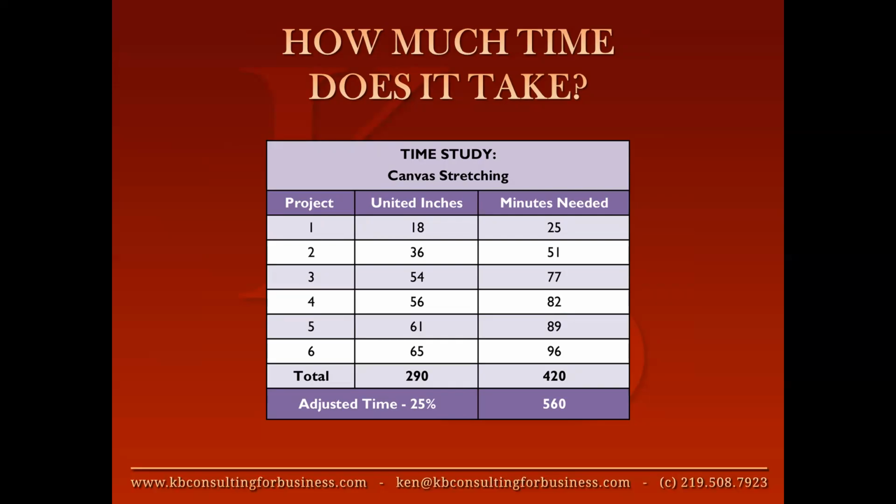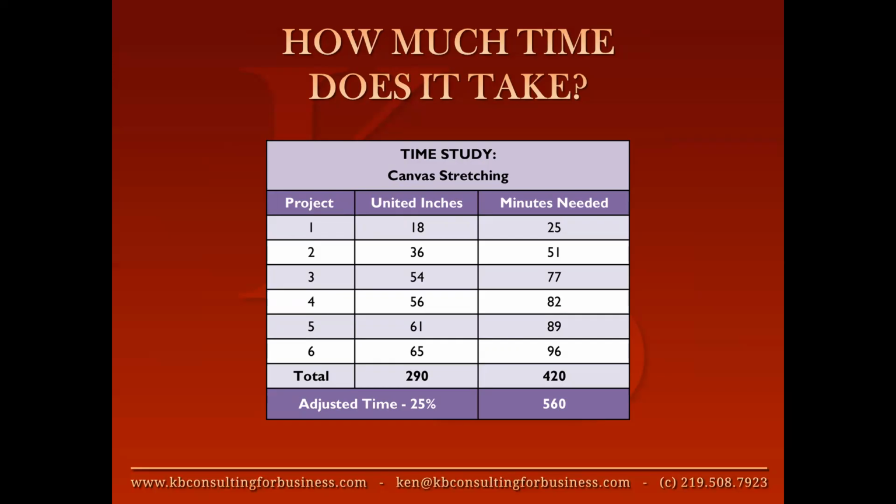Now, after you have the data for at least 6 various size canvas stretches and the time required to complete each, add up all the times you recorded and also add up the total united inches from these projects. In our example, the 6 projects took 420 minutes to complete, stretching a total of 290 united inches.